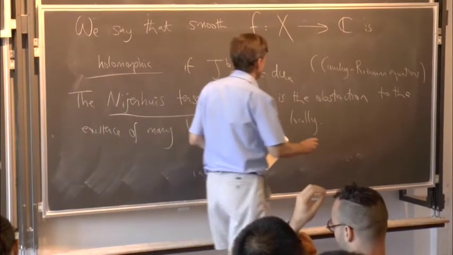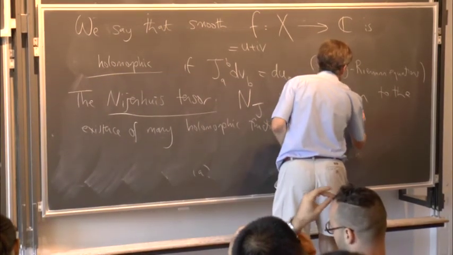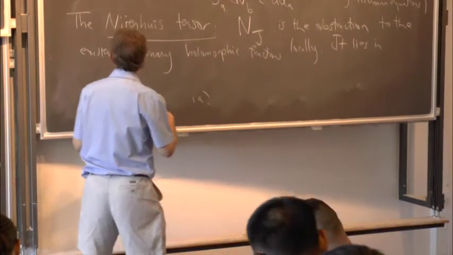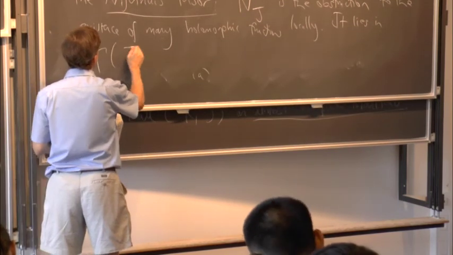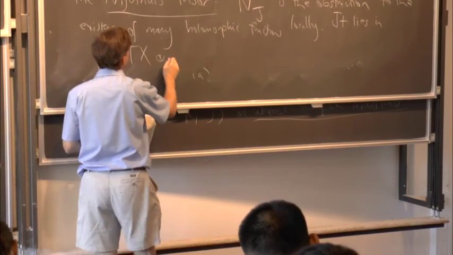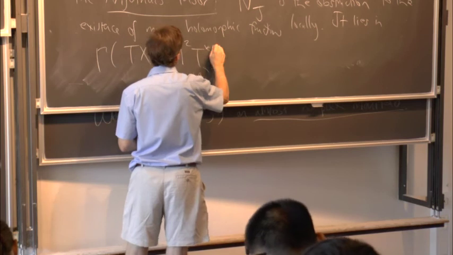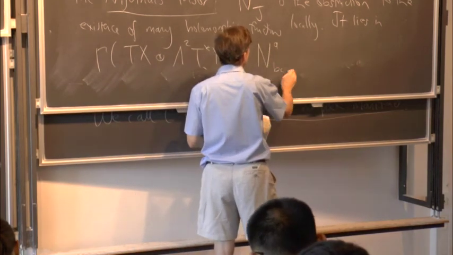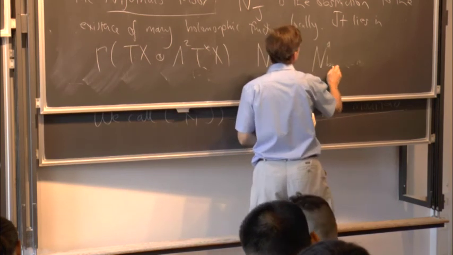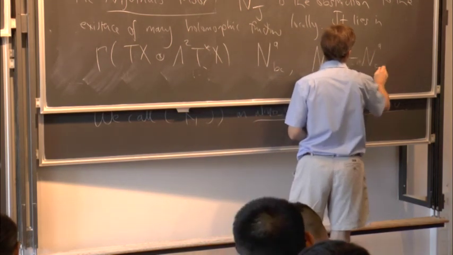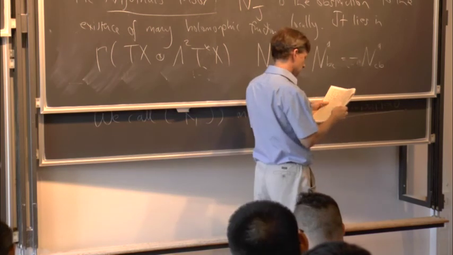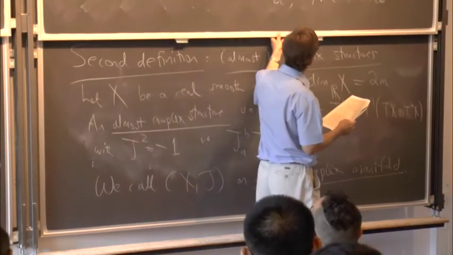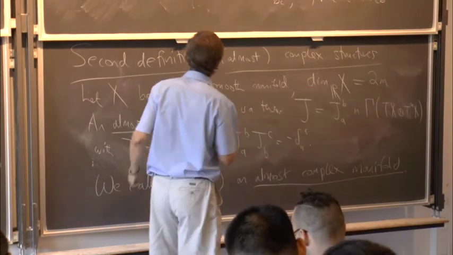Okay, so it lies in the sections of T_X tensored with Lambda^2 T*_X. So it's a tensor of the type N_ab^c, with N_ab^c equal to minus N_ba^c. Is that right? Yeah. So it looks rather like a torsion tensor, and in fact it is a torsion tensor.